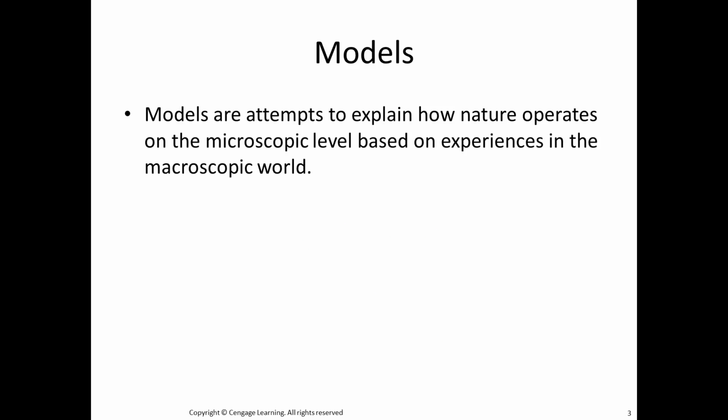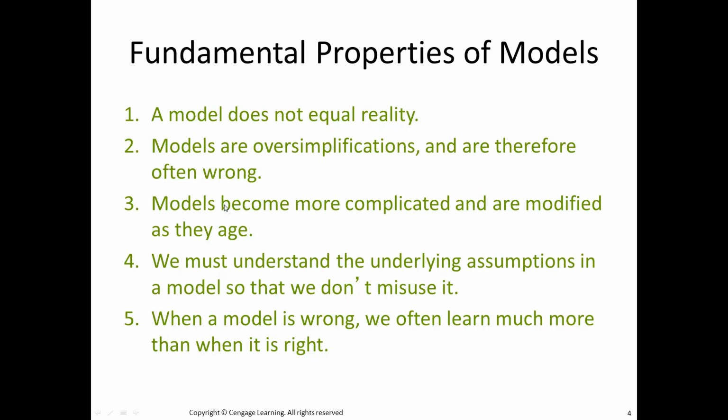Now, one thing to keep in mind as we're going through this discussion of covalent bonding is that models are attempts to explain how nature operates on the microscopic or atomic level based on experiences in the macroscopic world. A model does not equal reality.